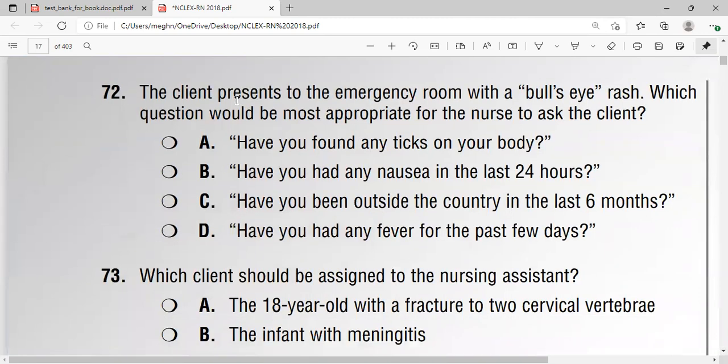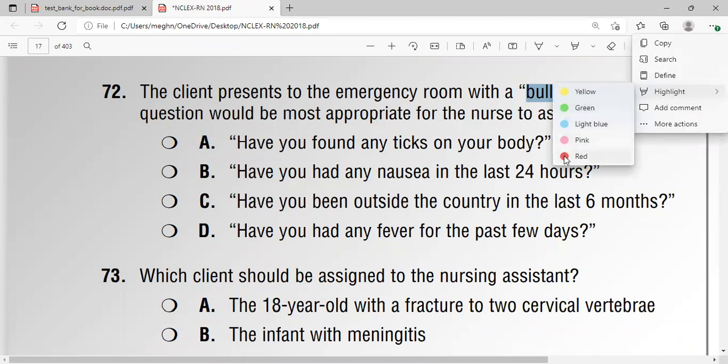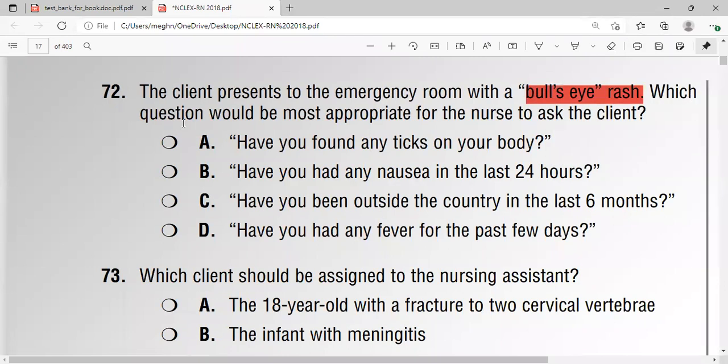Next, the client presents to the emergency room with a bull's eye rash. It is a very characteristic skin rash. Which question would be most appropriate for the nurse to ask the client who has a bull's eye rash? A, have you found any ticks on your body?